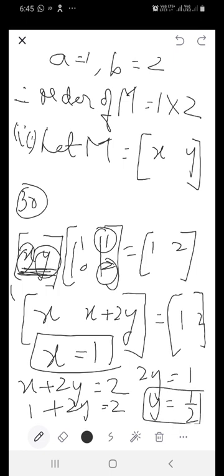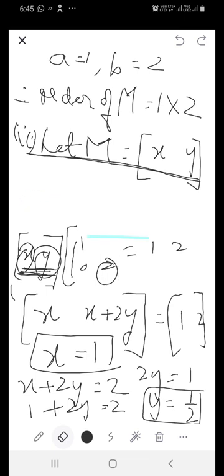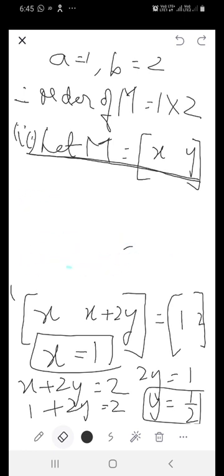Now don't leave your answers in X and Y. Our second part is to find the matrix M, and we have taken the matrix M as X Y. So at the end, write again, tell what your matrix M is.